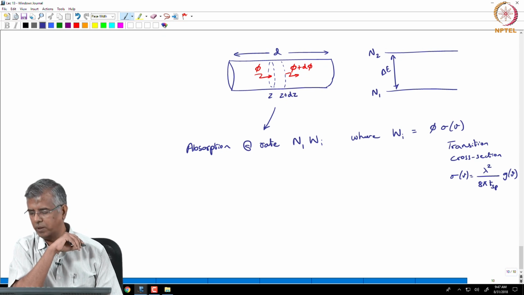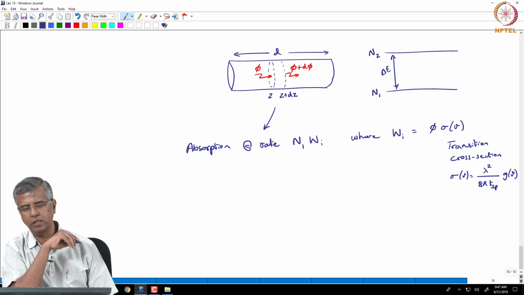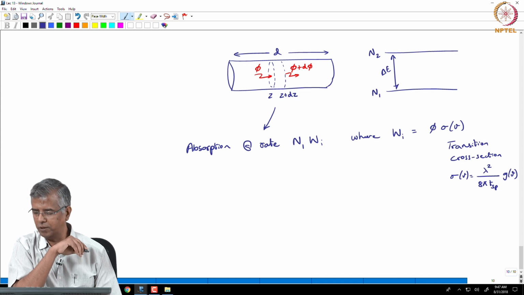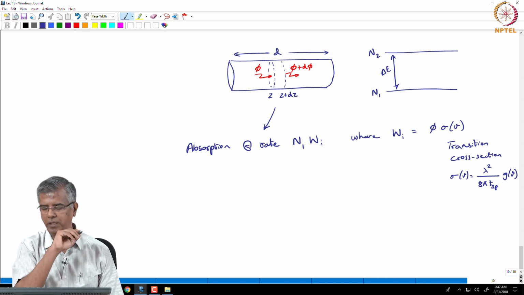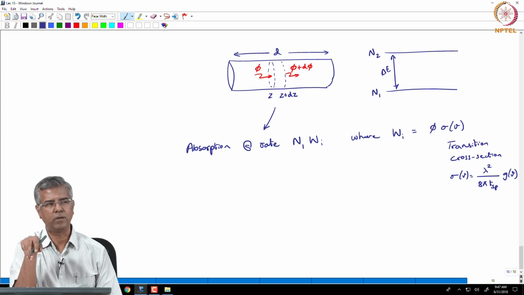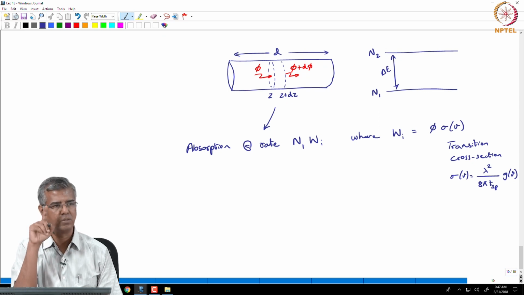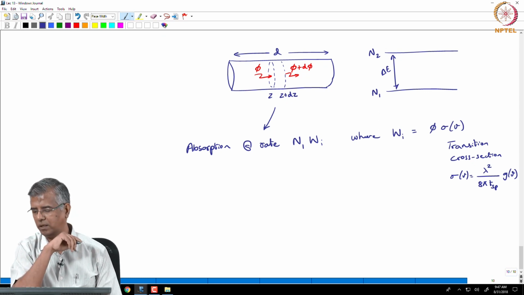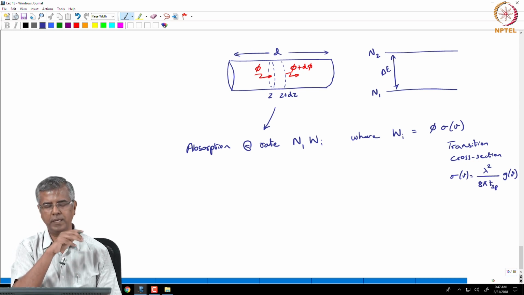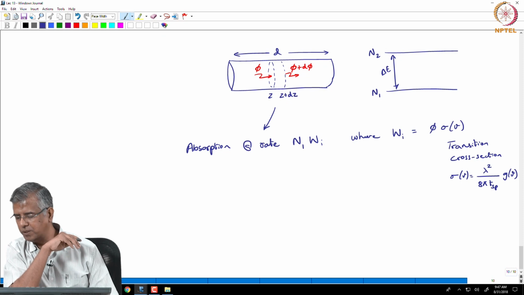use a quantity which we call g of nu, the line shape function. Of course, g of nu equals 1 for this particular case, because we are just looking at a unitary transition, but g of nu can be normalized to 1 and can take different fractional values for different frequencies in general.